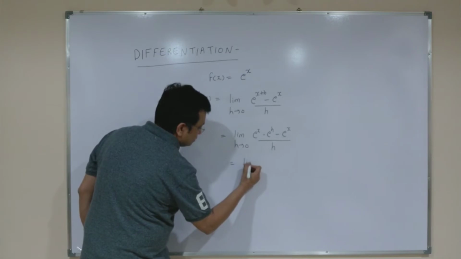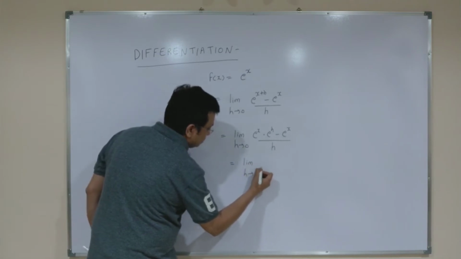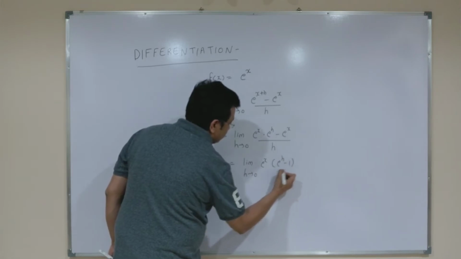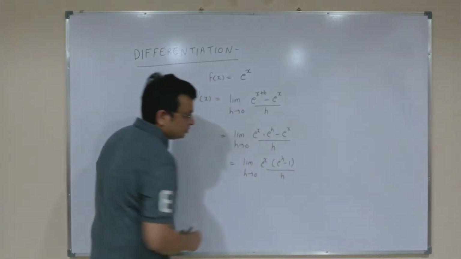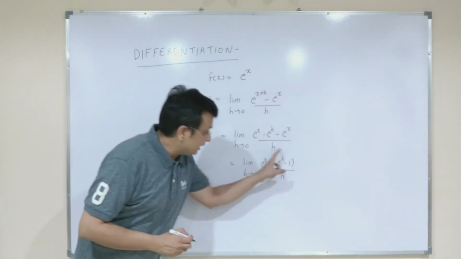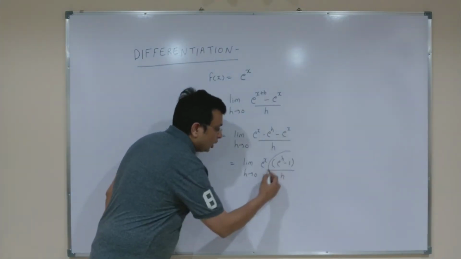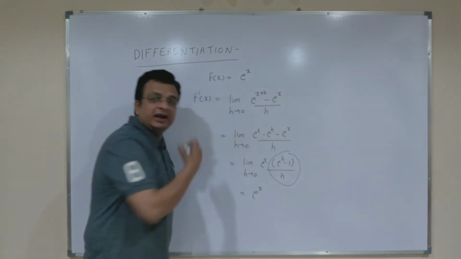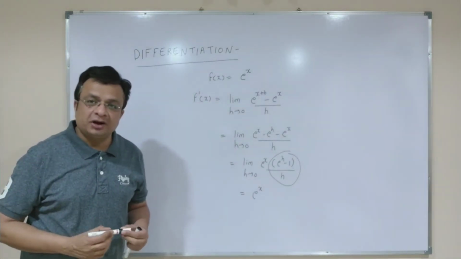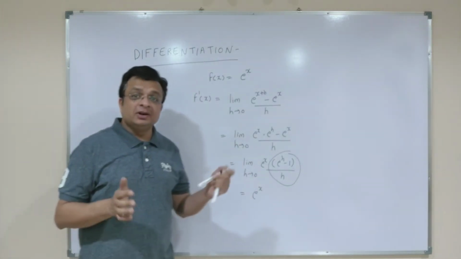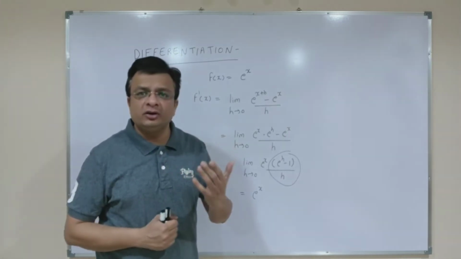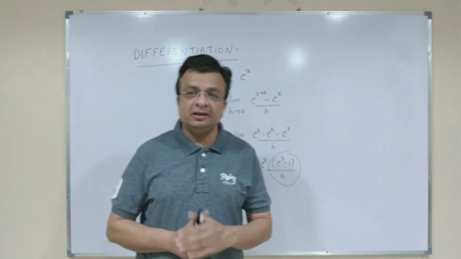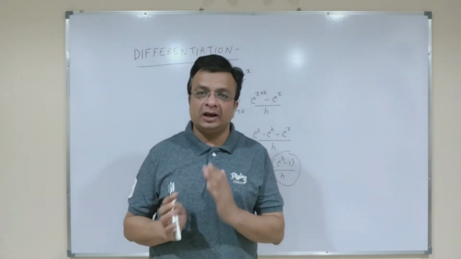Take e raised to power x common, what do you get? e raised to power h minus 1 upon h. Now, we remember that this limit is equal to 1. So, what remains is 1 into e raised to power x. So, the answer is e raised to power x. Similarly, you can prove all the formulas, or you can find the differentiation of any function. This method is called the first principle method.